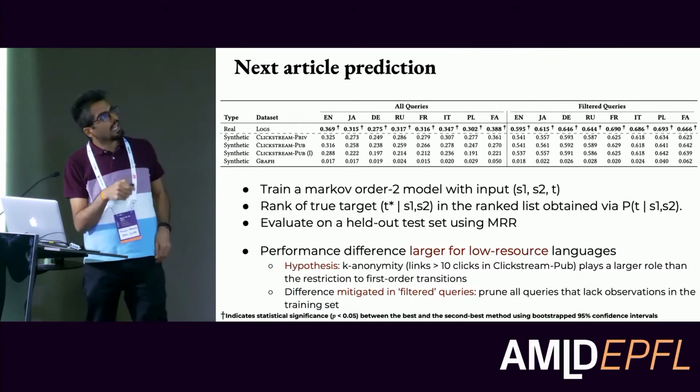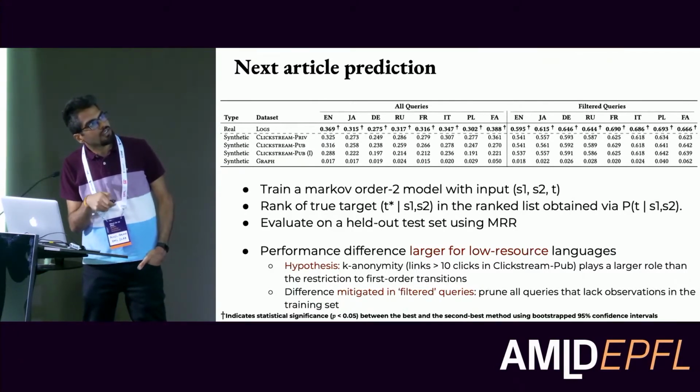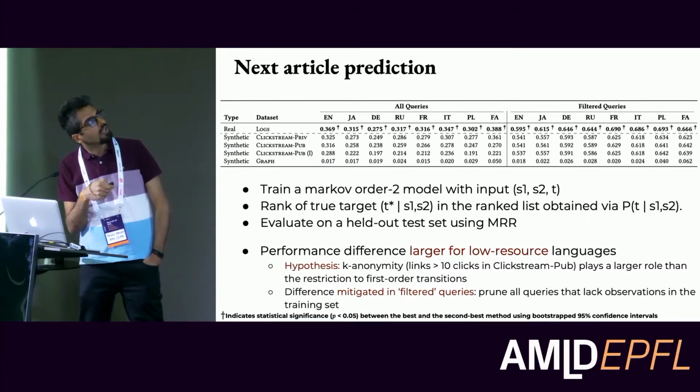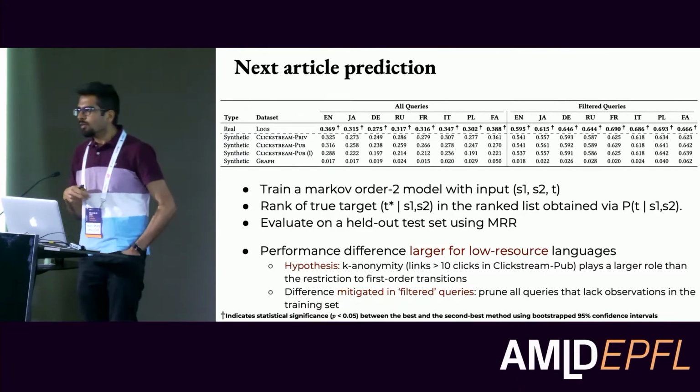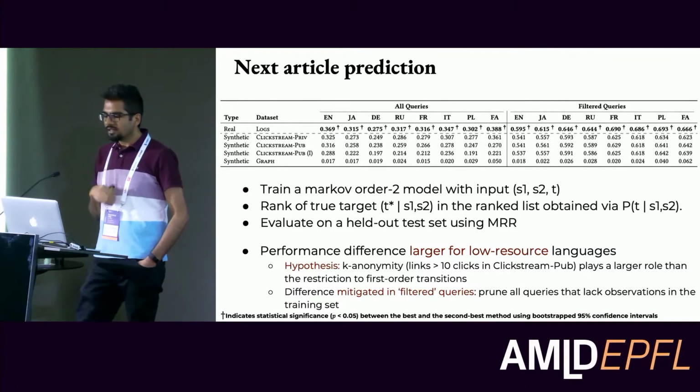And this can be explained using these results on the filtered queries, where you can see that the difference between the private clickstream and the public clickstream actually goes away. This is primarily because the way we do it is we only restrict to those queries which were actually observed while training the model.